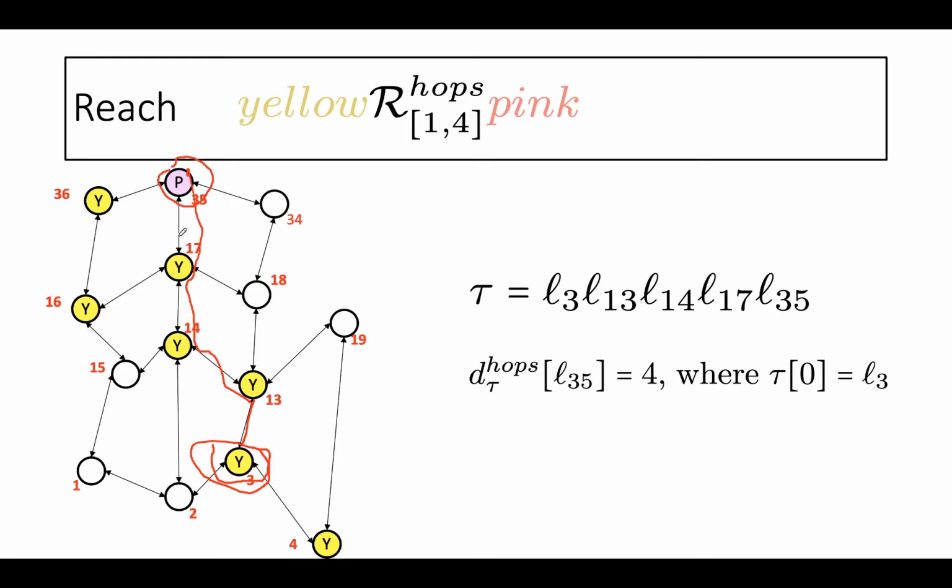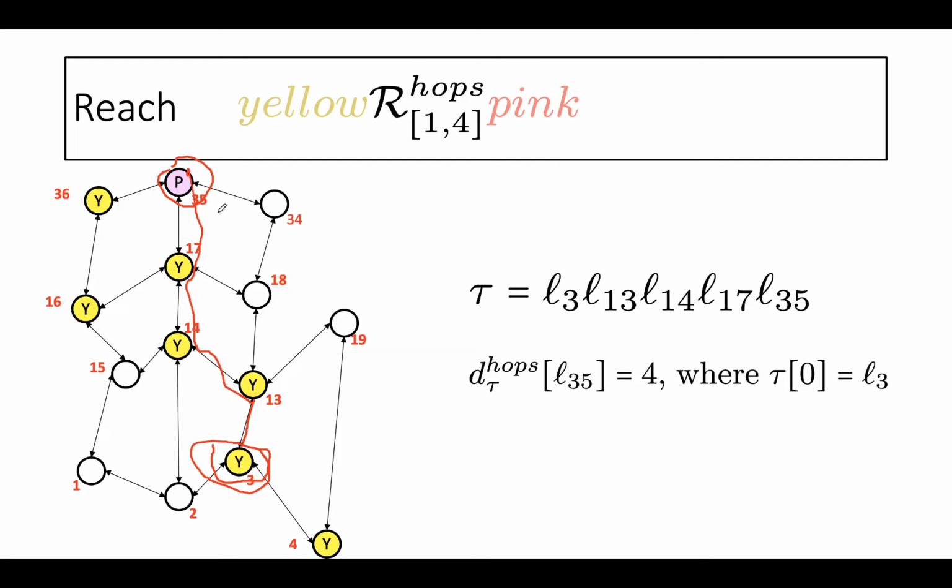All previous locations of the route satisfy the yellow property, and the distance from L3 to L35 of this route is 4. So it's less than or equal to the upper bound of our interval.